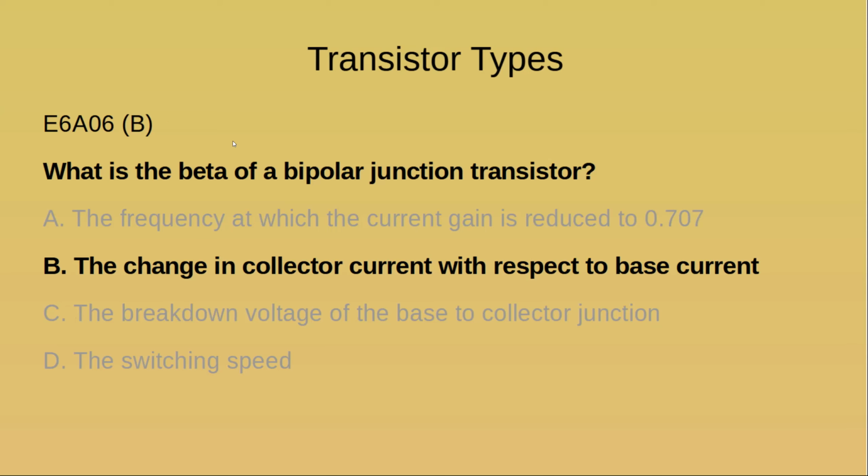A lot of times they'll refer to that as beta. There's also an alpha, which will be coming up, although I was not able to find a single data sheet for a transistor that listed alpha.